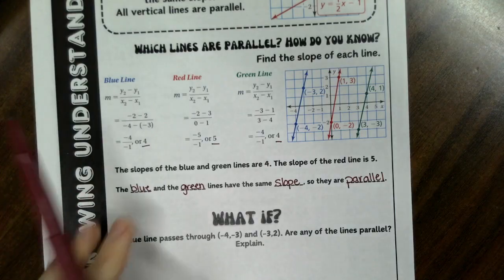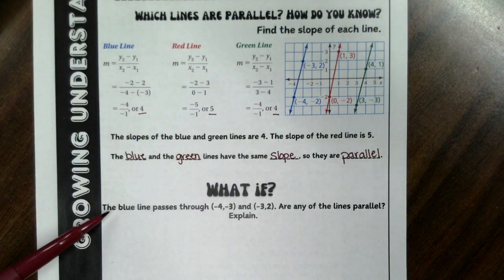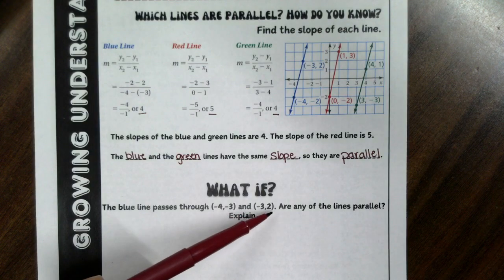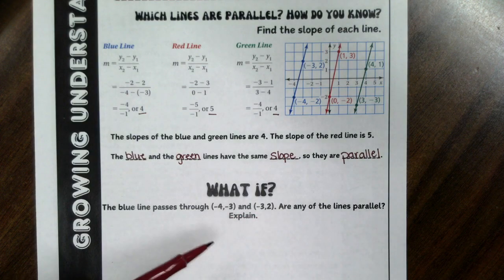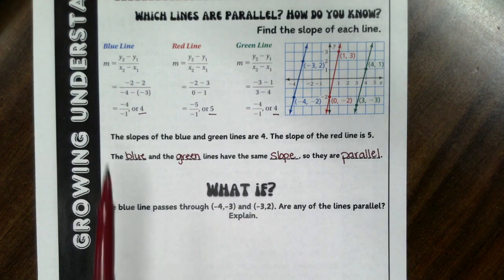I want you to look at this what if question. This is one you do need to do by yourself. The blue line passes through -4, -3, and -3, 2. Are any of the lines parallel? So what if we change the blue line to go through these points instead? Would that change its slope to match another line's slope up here at the top?